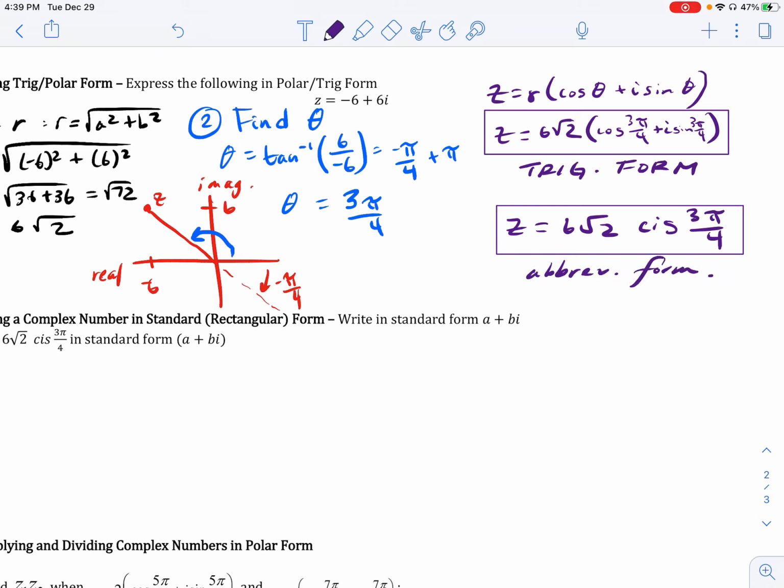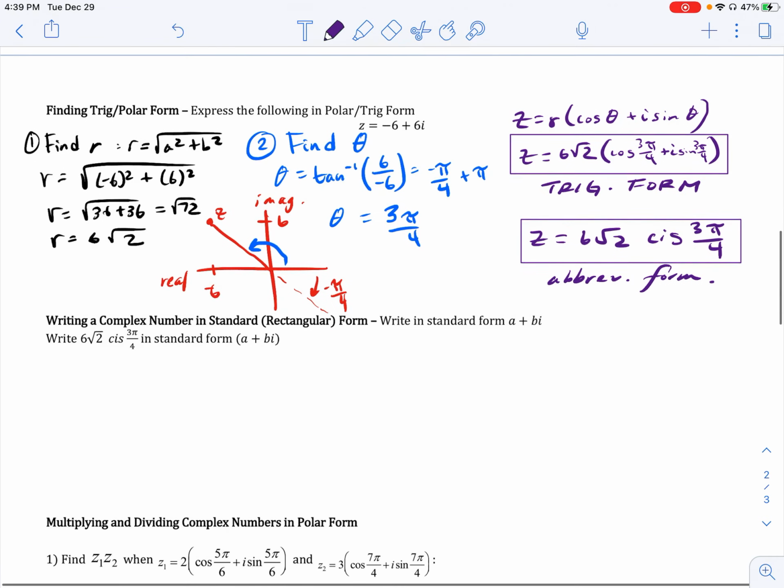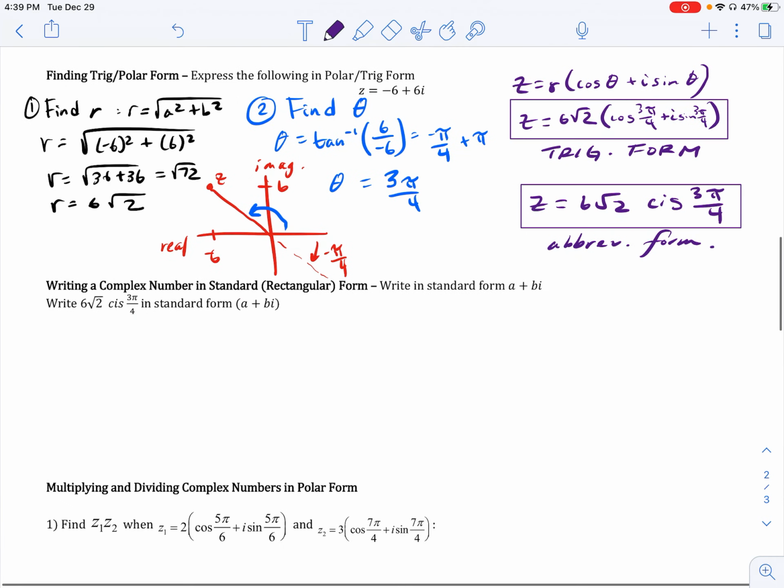Okay? All right. Now, what if we take a number that is already in polar form, and we want to rewrite it into standard form.